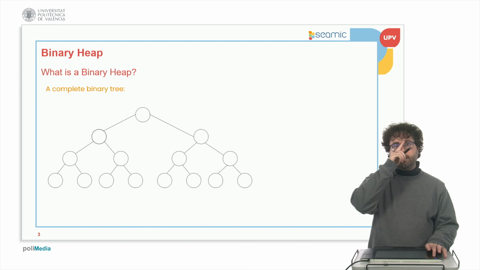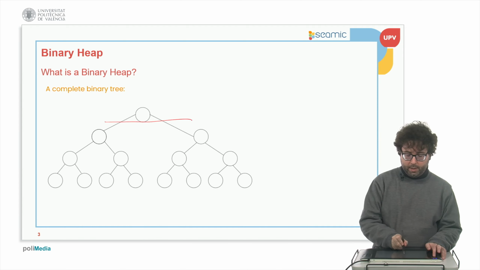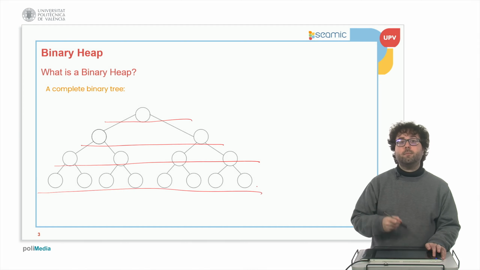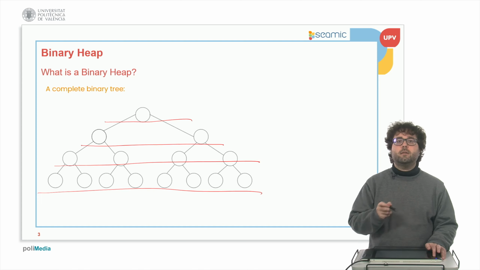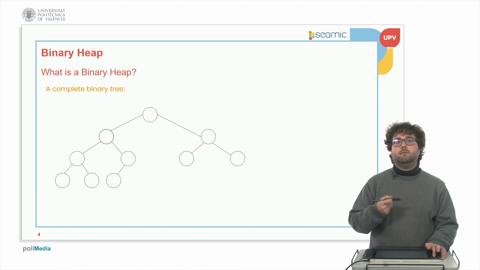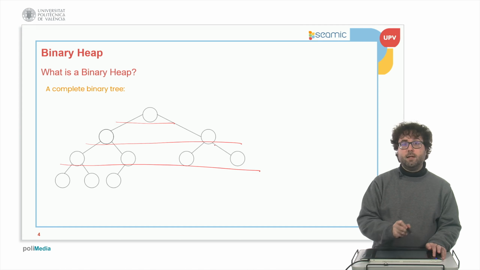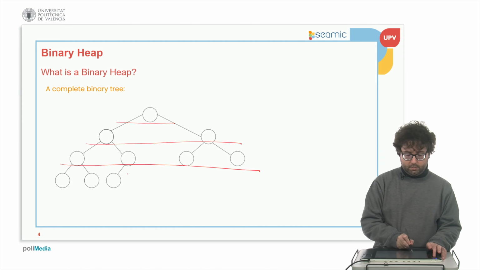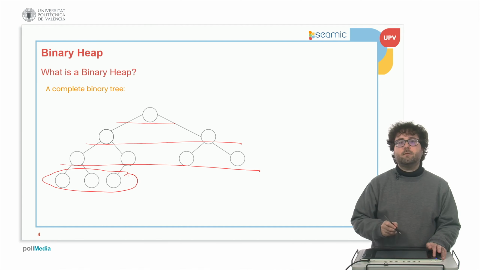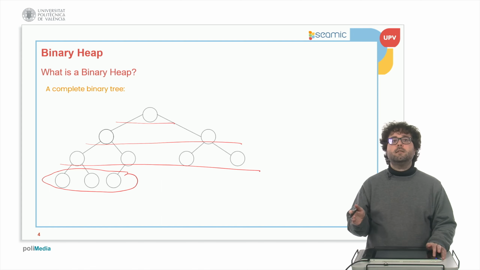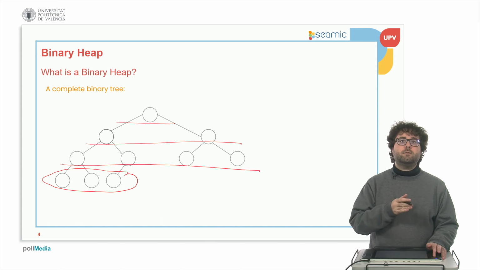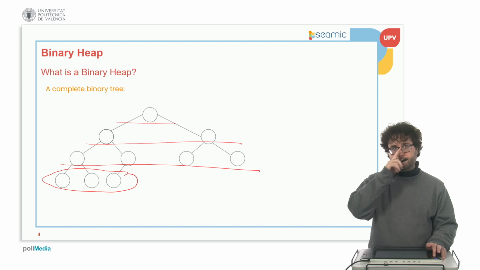Regarding the first part, the complete binary tree means that per level we have the maximum number of possible nodes, two per parent, and the other possibility would be that the bottom level that contains the leaves is not fully completed, but it always contains the nodes from left to right.